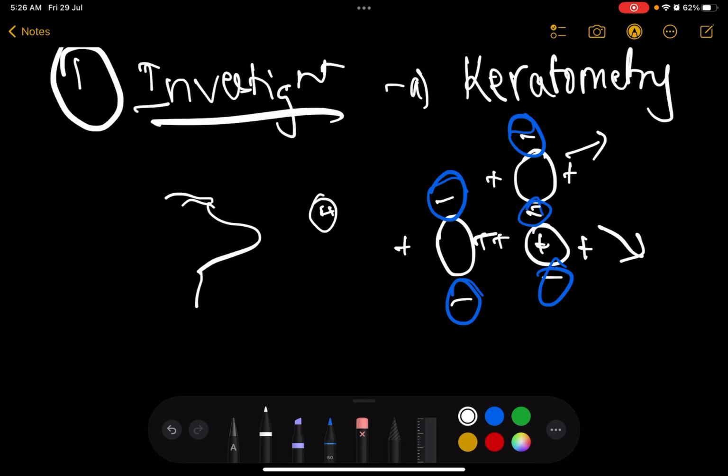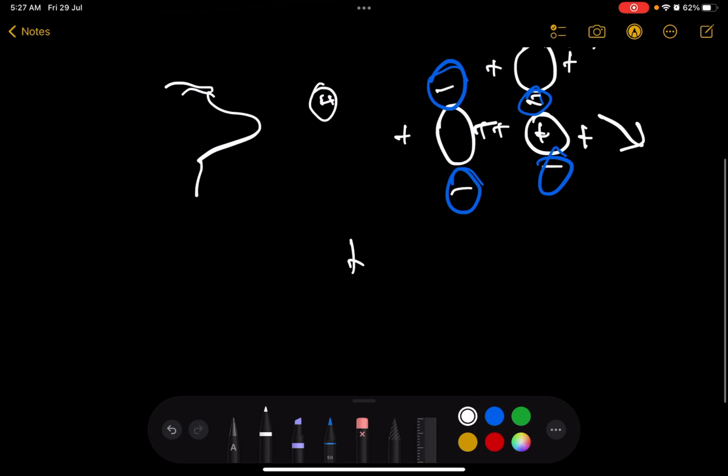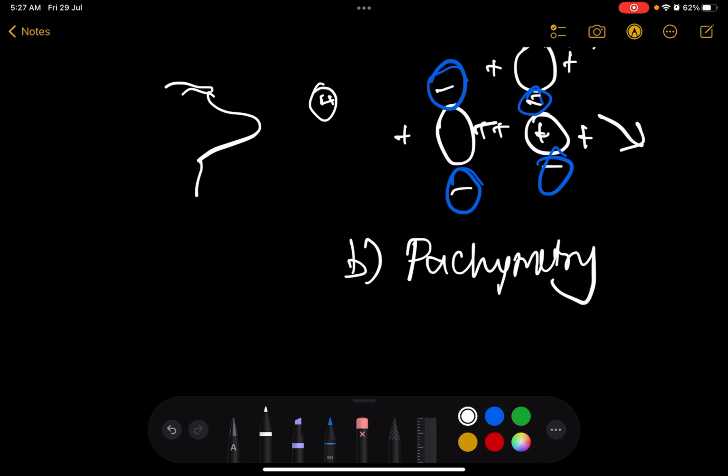So pachymetry is important because if you want to do a LASIK, you want to test the corneal thickness, so that you know whether you can get a particular LASIK done. Also, if there is a certain increase in IOP, you want to know if it is because of the increased corneal thickness, or just because of the increased intraocular pressure.